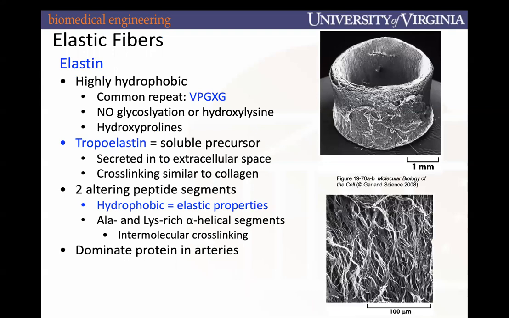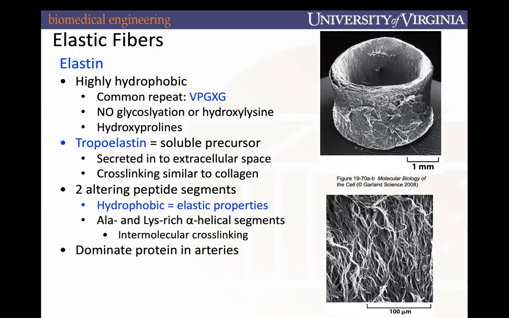The next piece of our connective tissue ECM that we're going to take note of is elastin. It's a highly hydrophobic protein in our ECM. Similar to collagen, it has a common repeat that is characteristic of this protein, VPGXG.